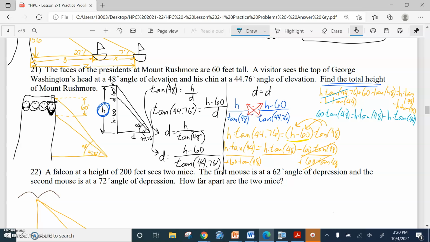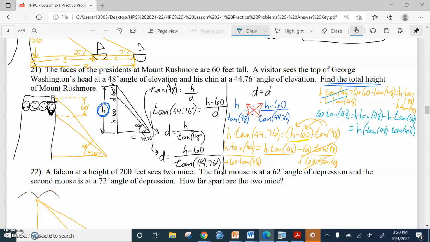We can factor that out. I'm just going to leave it as, the left side doesn't change. We're going to factor that h out and say tan 48. So we've got the h almost by itself. All we have to do is divide both sides by tan 48 minus tan 44.76.